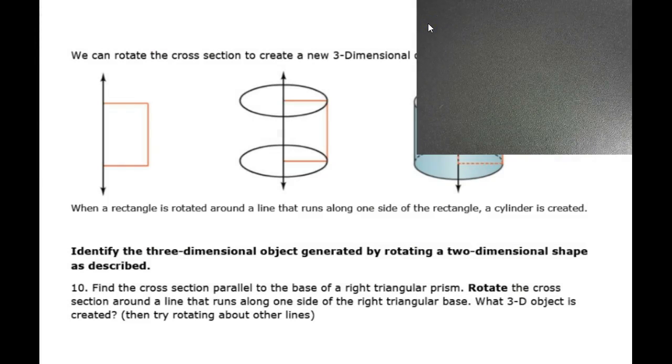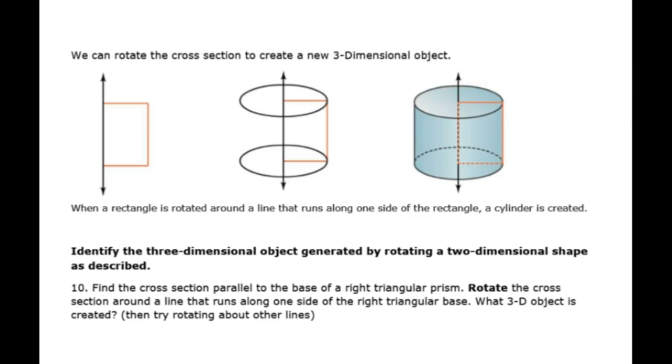All right, so it says we can rotate a cross section to create a new 3D figure, 3D object, okay? So if you see in this picture, if you got this figure and you start rotating it around this axis, you'll see that it's going to make a circle on the bottom and a circle on the top.